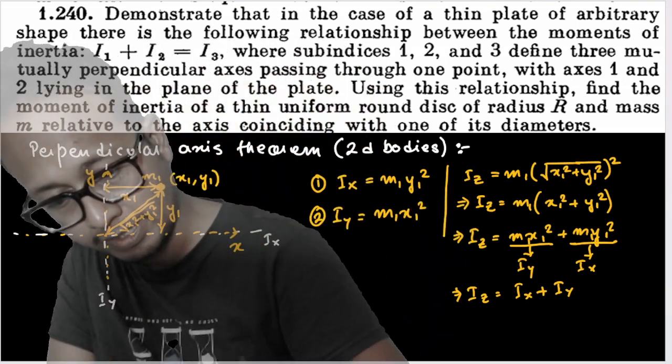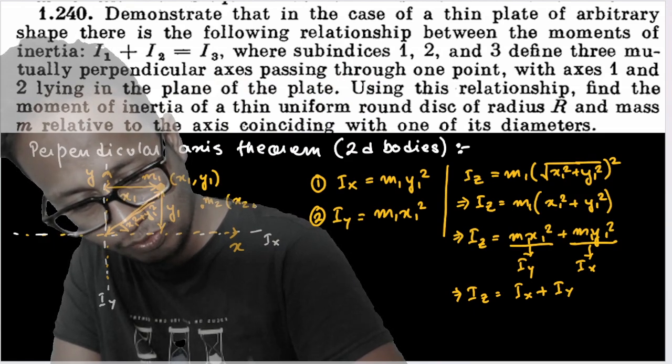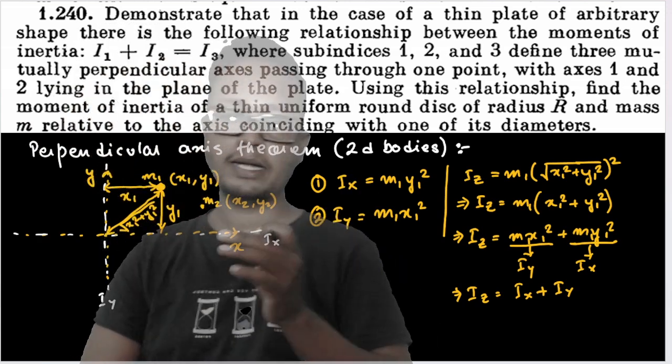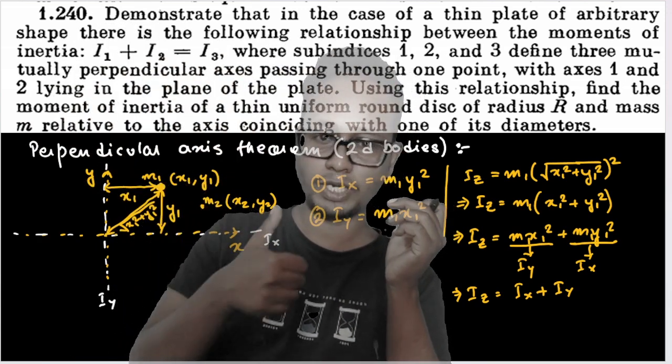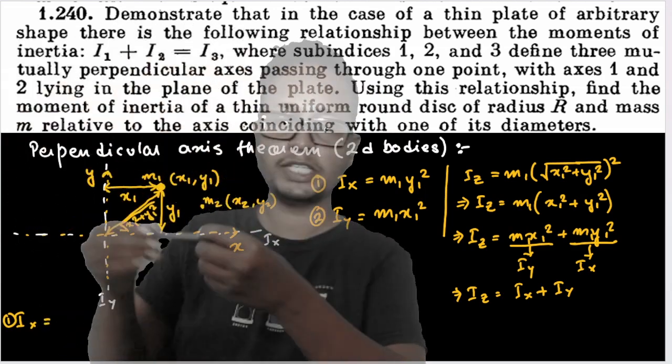So let's take another body, m2, with x2 y2, similarly out here. Now there are 2 point masses, m1 with coordinates x1 y1 and m2 with coordinates x2 and y2. Now what is my moment of inertia passing through the x-axis?